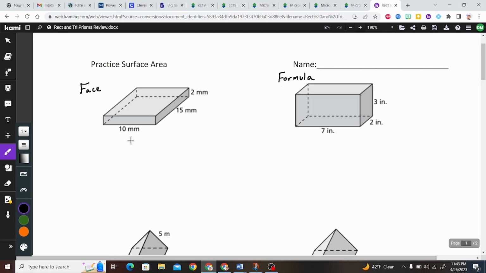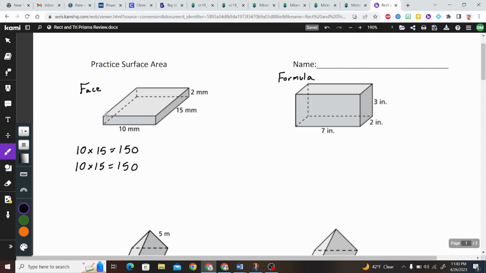how to use both. So, with a rectangular prism, there are 6 faces. The first face, if we look at the bottom, would be 10 by 15. That's 150. The second face would be the top, which is also 10 by 15, which is still 150.